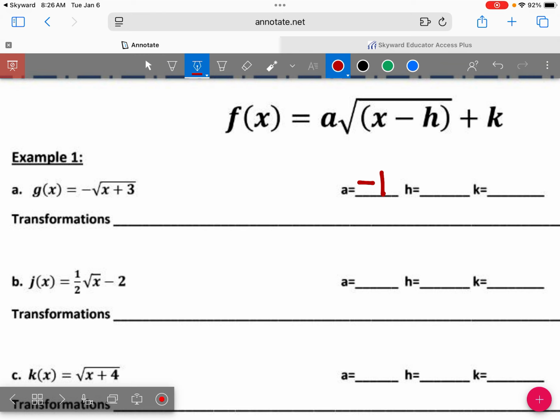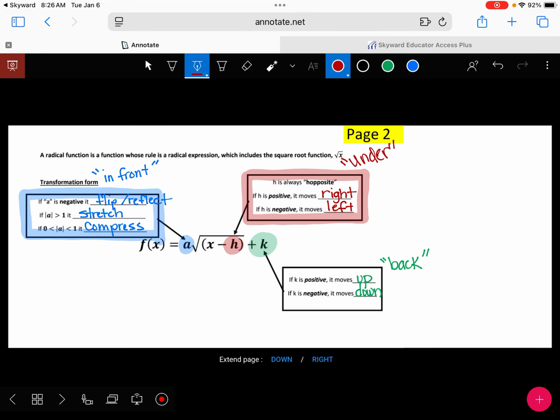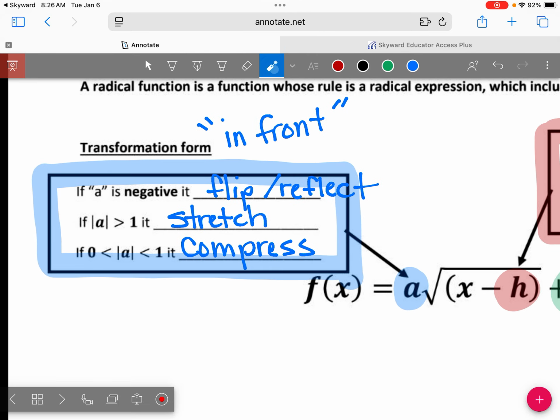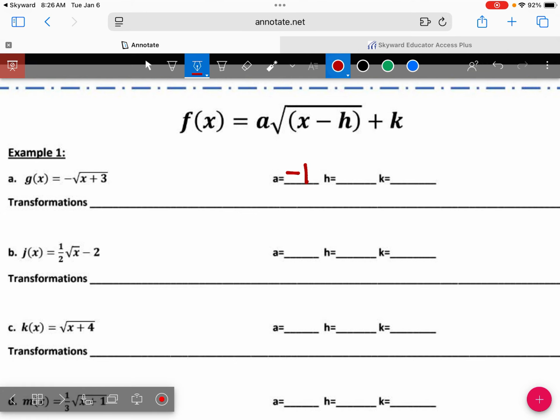Whenever A is negative, what do I have to write? Go back here. When it's negative, what do we have to say when A is negative? One of these 2 words. Yep, you can say flip. You could also say reflect. So that's what we're going to write. I'm going to write reflect. Remember, H is under.